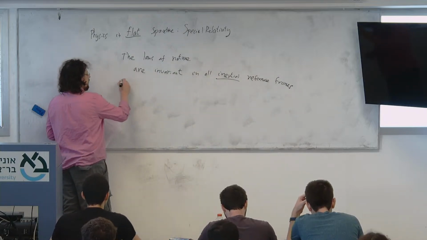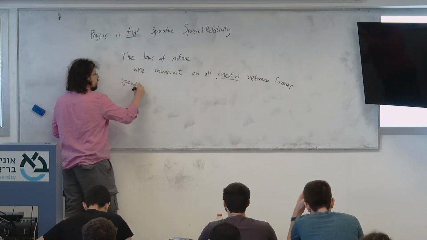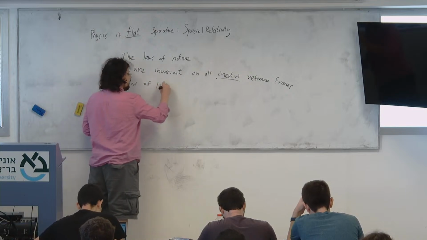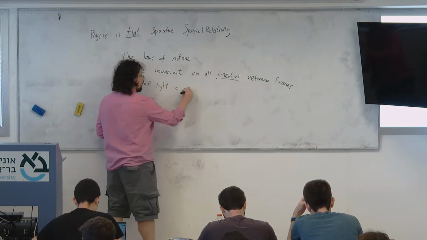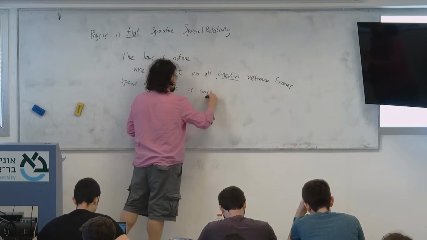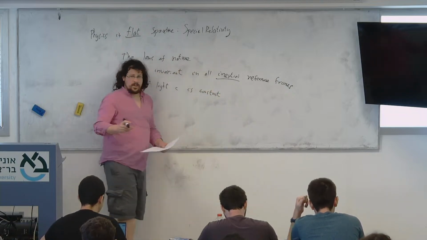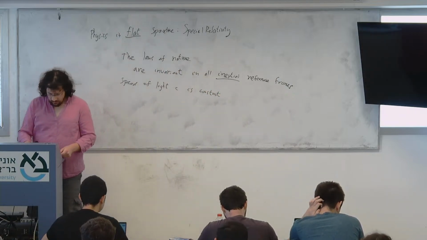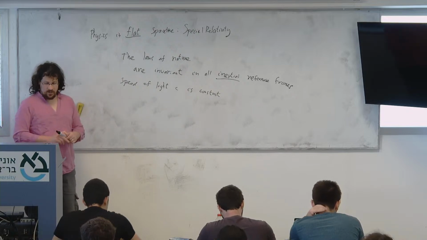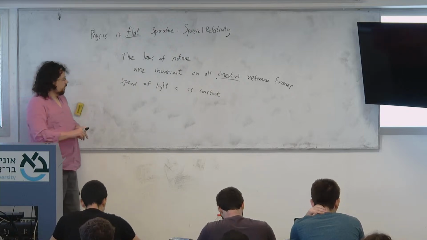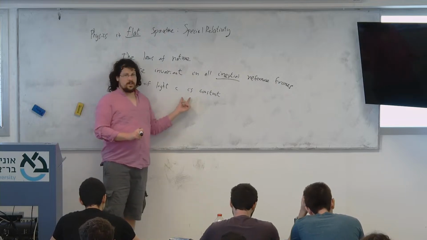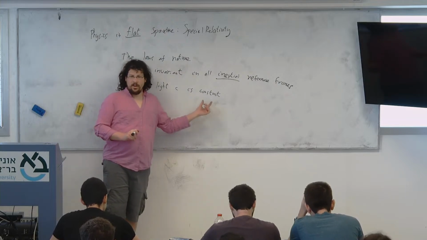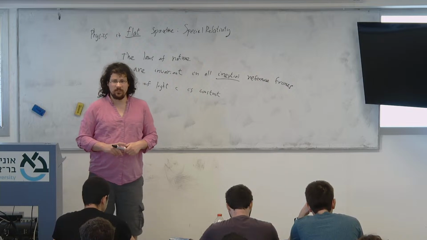Among which the speed of light c is constant. One of the laws of nature is that the speed of light is constant in every reference frame, and as we already mentioned, this defies the Galilean expectation of, for example, addition of velocities.